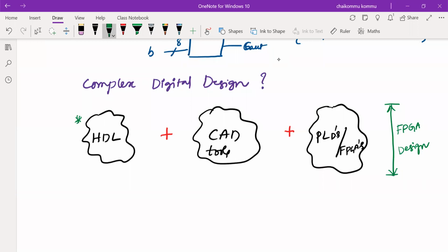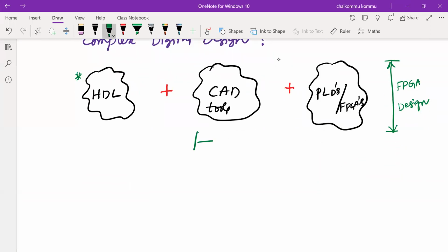If time permits, I will show how to use this code to run the circuit with the CAD tools, and how to implement it in the FPGA. These two parts are actually the lab part. The VLSI lab is there, so we focus mainly on the VLSI lab, but if time permits I will do it here. But our actual course is the hardware description language. The course deals mainly with HDLs only, but the overview is that it's an FPGA design.